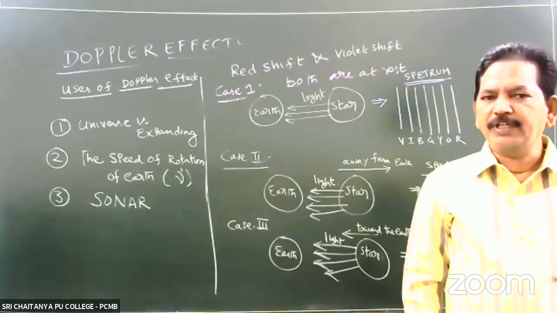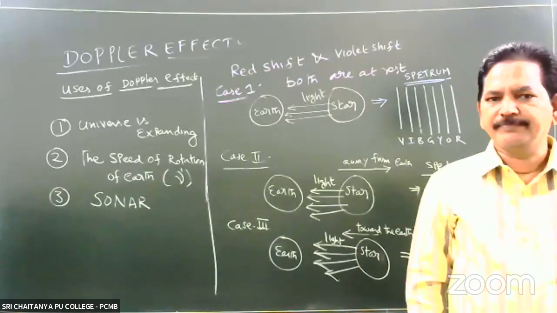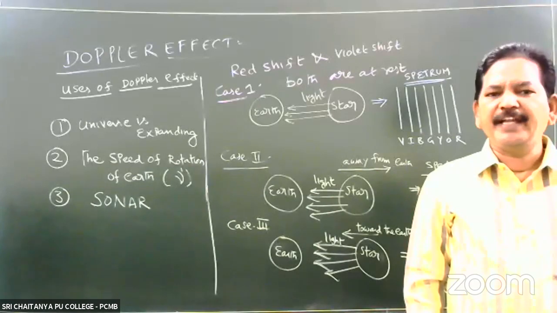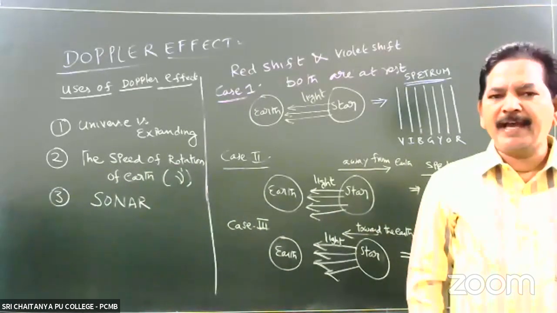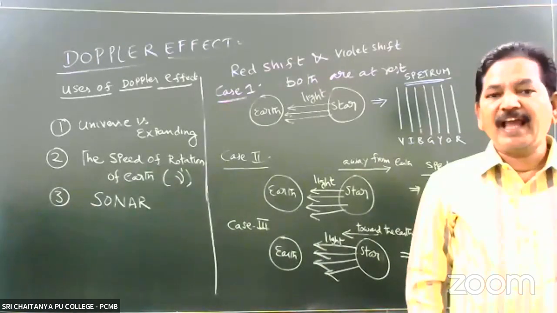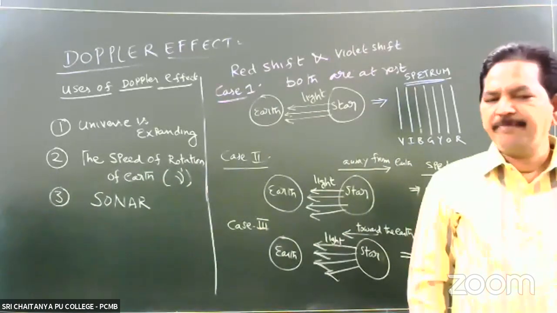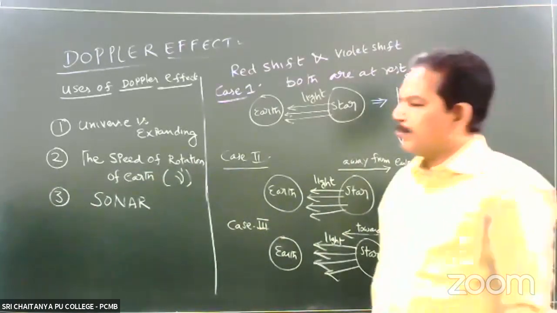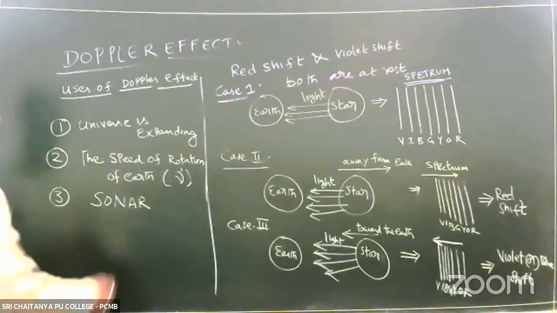Sonar, sound navigation and ranging, full form. To find out the position of a submarine, velocity of a submarine, any object under sea can be identified by using the technique of sonar.